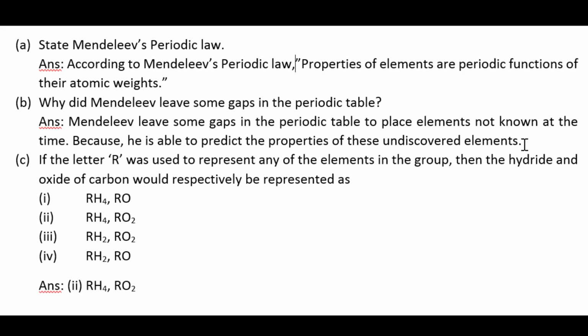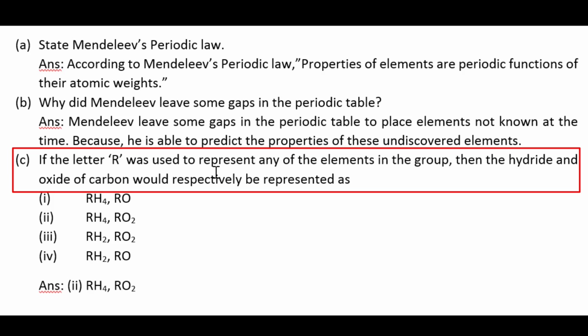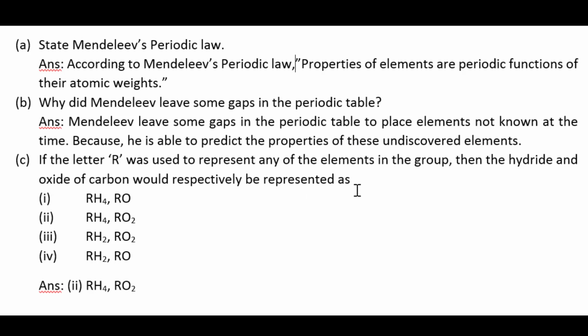Now question C: if the letter R was used to represent any of the elements in the group, then the hydride and oxide of carbon would respectively be represented as: options are RH4, RO; RH4, RO2; RH2, RO2; RH2, RO.